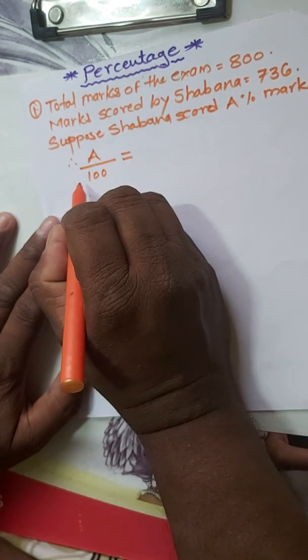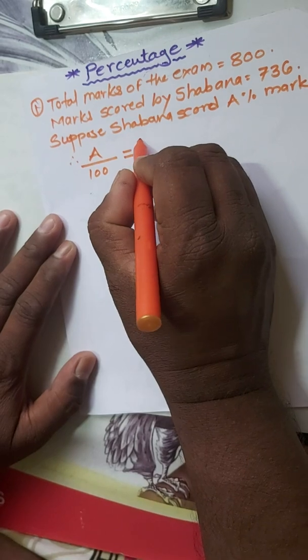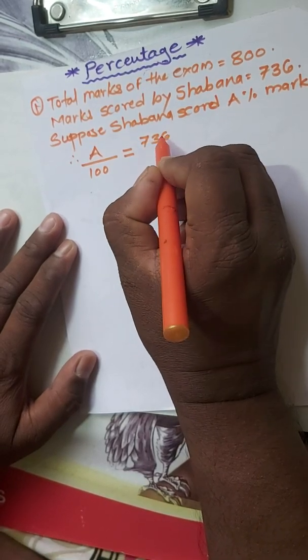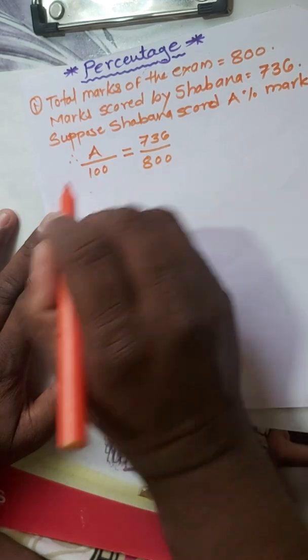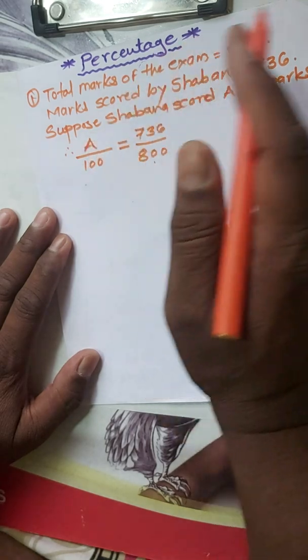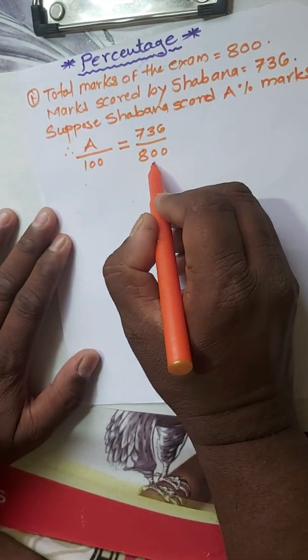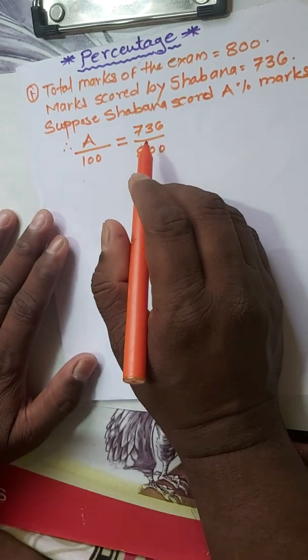Is equal to. Now she got 736 marks out of 800, so 800 is the denominator. Always keep in mind here, students, on the right hand side, the biggest number you have to write as the denominator. Okay, just keep in mind.